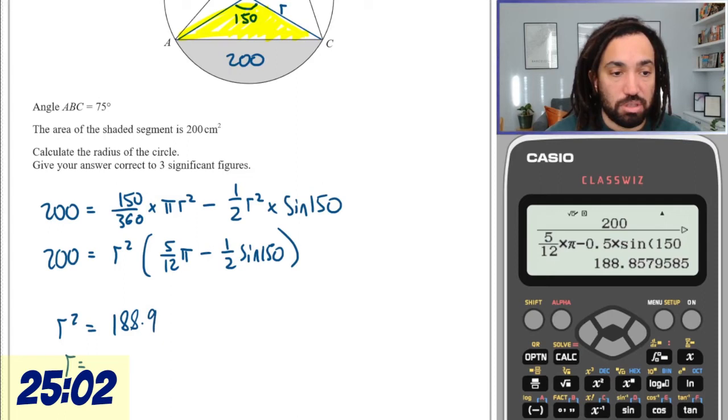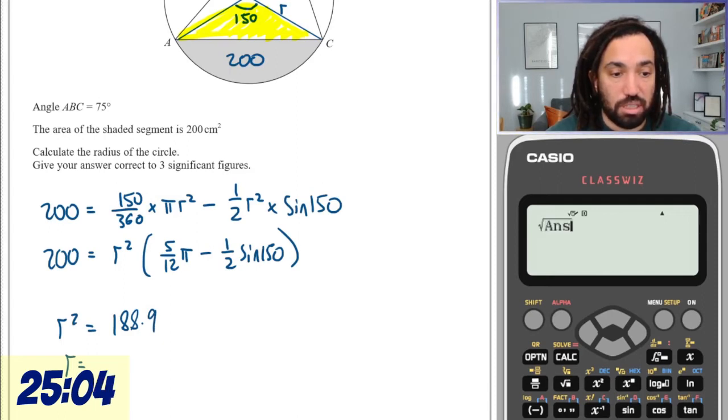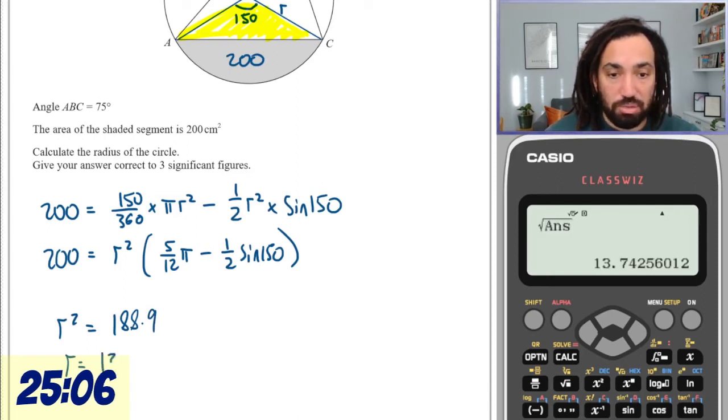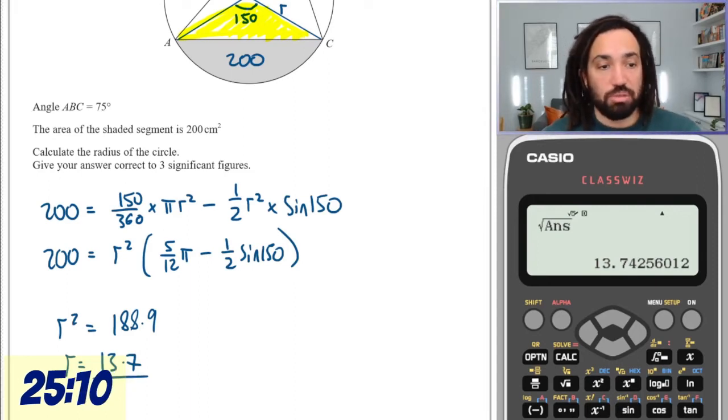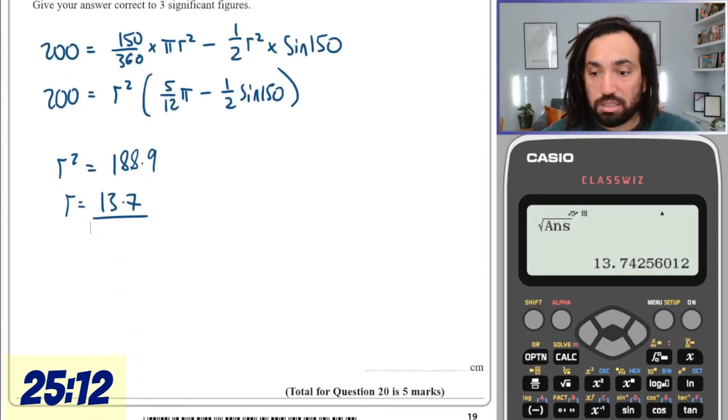So r is equal to the square root of that, which is 13.7, which seems feasible, so happy with that.